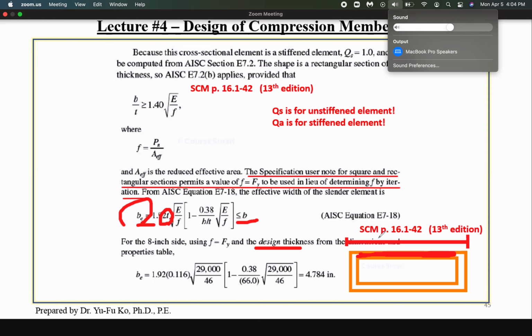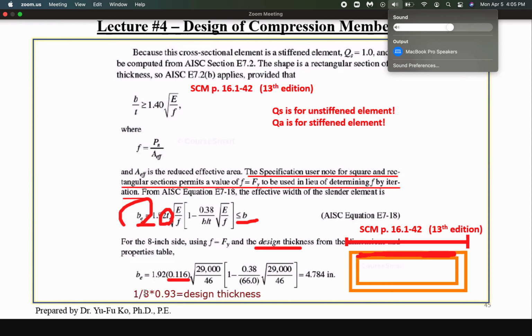This thickness is not just 1/8. Remember, it's 1/8 times 0.93. So this is what we call design thickness. You can check this number from part 1 of the manual as well.